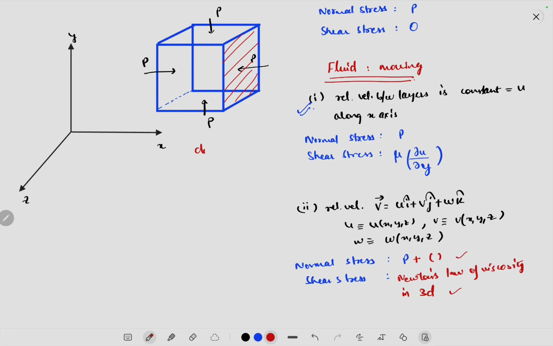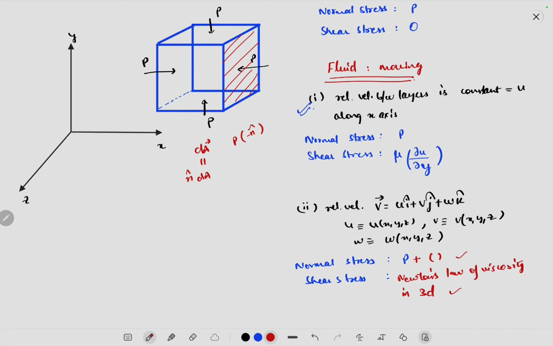If I had given you an area dA vector, you will say that the pressure is always anti-parallel to dA vector and will be P, and its direction will be minus dA hat, or let's say minus n hat, where n hat is the normal vector of the area vector.